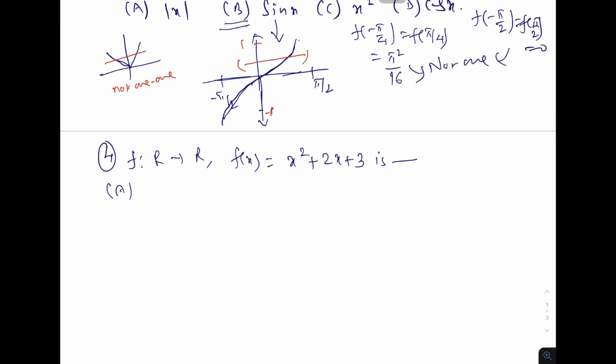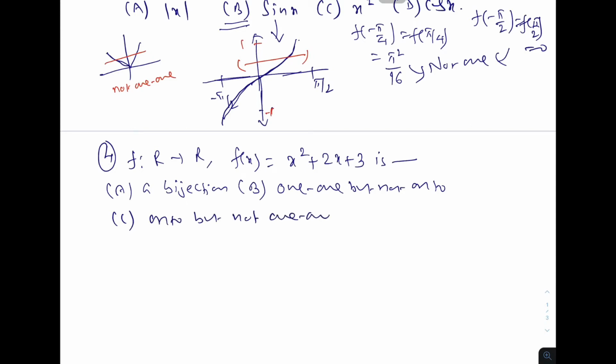The options are: a bijection; one-one but not onto; onto but not one-one; and D, many-one and not onto.